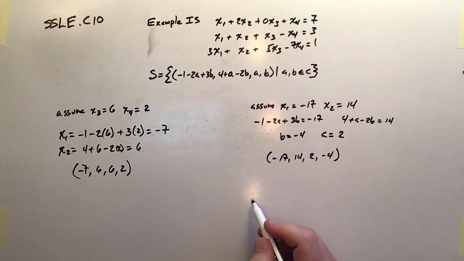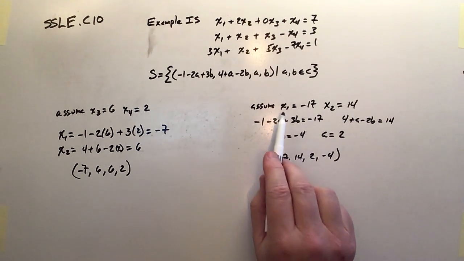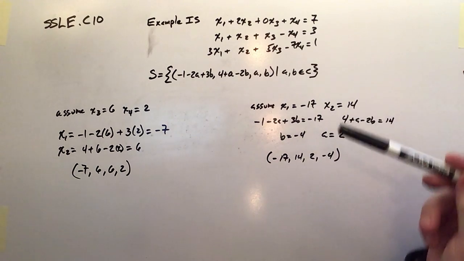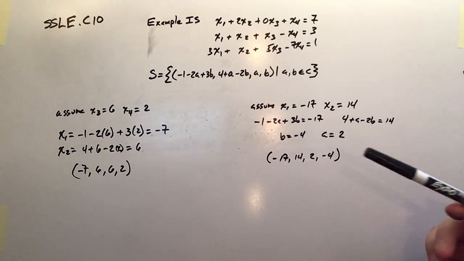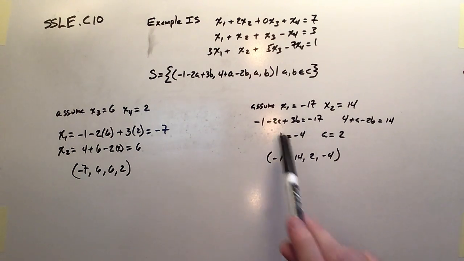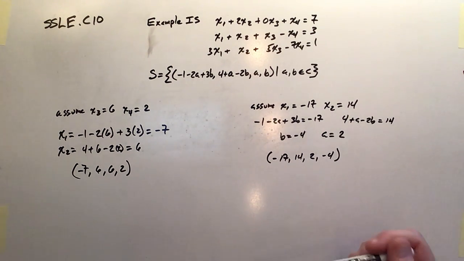So that would be the one solution to the system if x1 and x2 were chosen as -17 and 14. So even systems with infinite numbers of solutions tend to be locked in once a couple of the coordinates are selected. The other ones tend to be locked in.